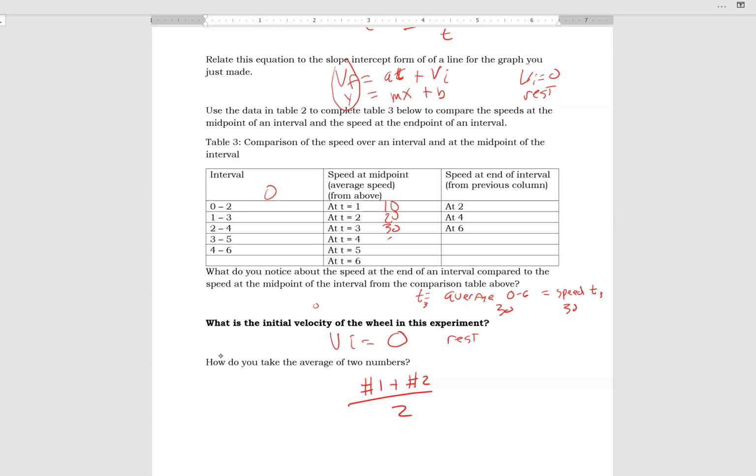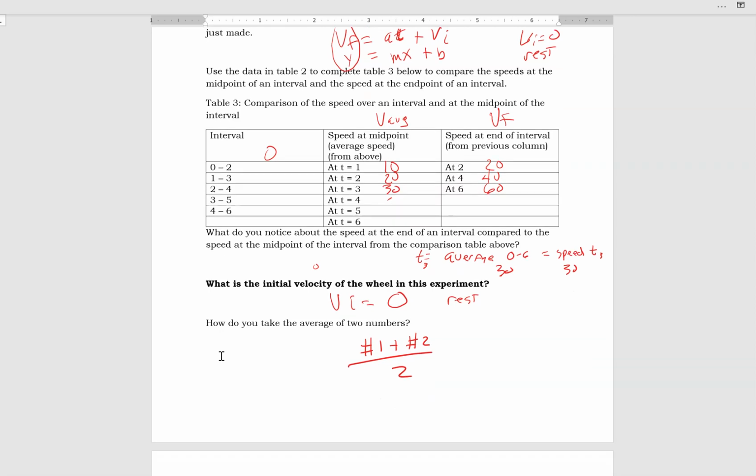So my final velocity there, at 6, my final velocity was 60, this one was 40, and that one was 20. This is a V final at the end of the interval from 0 to 2, or 0 to 4 and 0 to 6, my bad. So this is my final velocity. This is V average. And does that make sense?